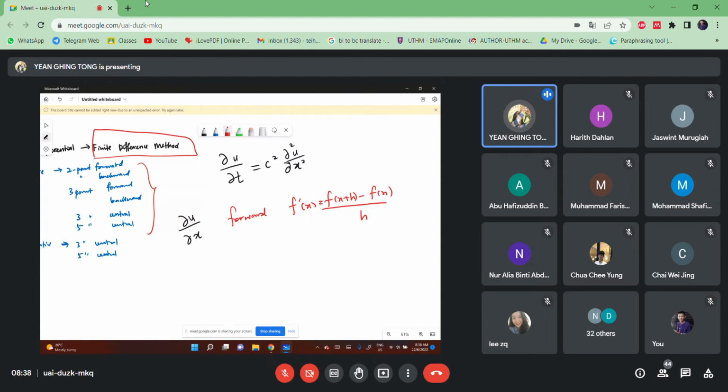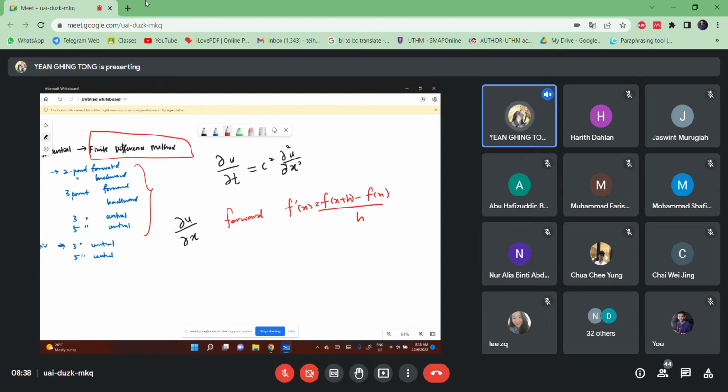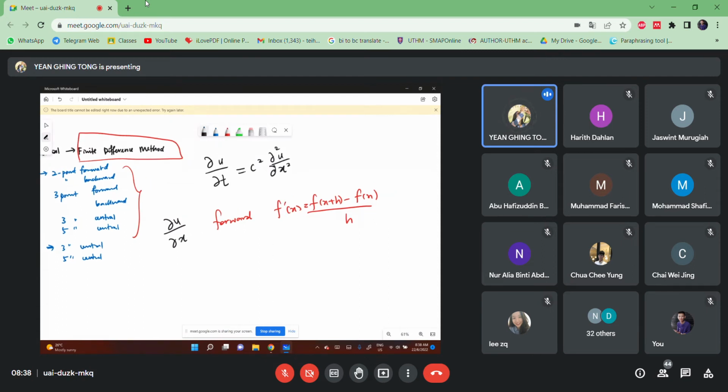You remember last week I drew, let's say this is X, and if you add a step size H, this becomes X plus H. Kalau sebelah sini, this one becomes X minus H, since this is the step size.